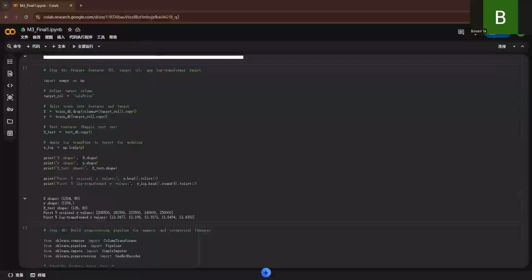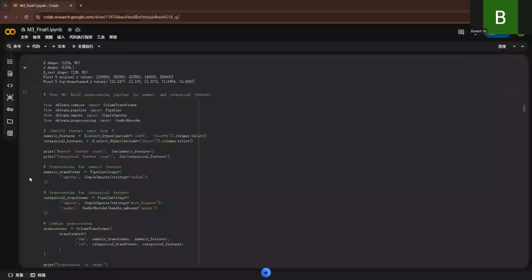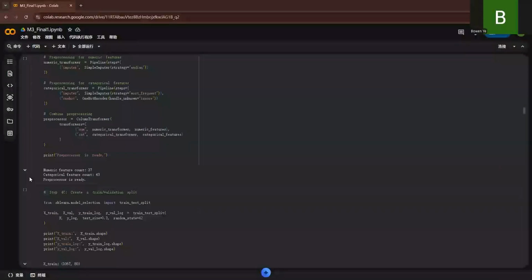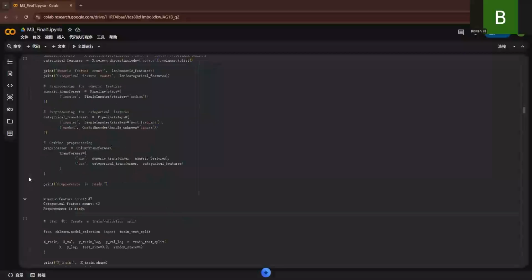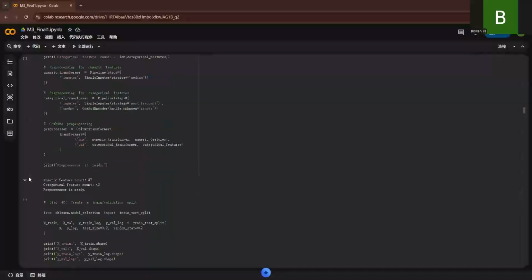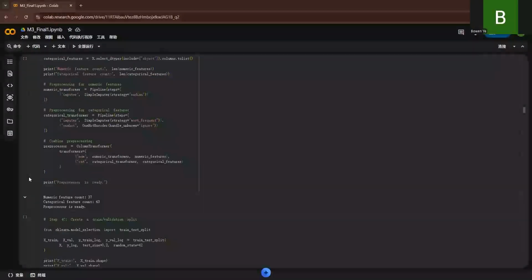After defining the target, the notebook constructs a preprocessing pipeline using ColumnTransformer. This is one of the most important design decisions in this code. Instead of manually cleaning data outside the modeling process, preprocessing is embedded directly into the pipeline. This includes handling missing values and encoding categorical variables. Numerical columns are automatically detected, and missing values are filled using median imputation.